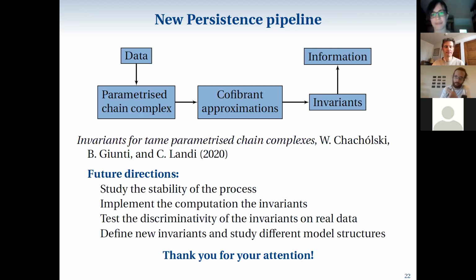So the biggest obstacle there is that in order to talk about stability, you first of all need to be able to talk about a metric on parametrized chain complexes. We have certain examples, and for these basic examples we have stability. But generically, one needs to come up with a way of producing metrics on parametrized chain complexes.